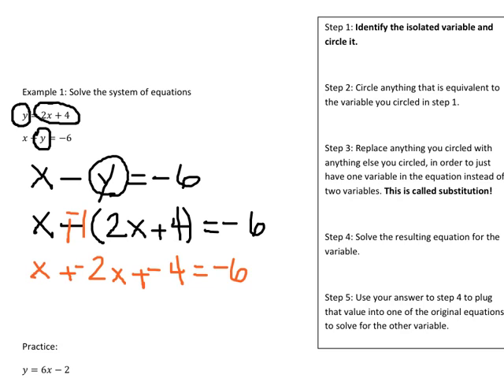And then I'm going to simply solve using my algebra skills. So 1x plus negative 2x is negative 1x. And then I have plus negative 4, which is the same thing as minus 4, equals negative 6. I draw my line. I add 4 to both sides.